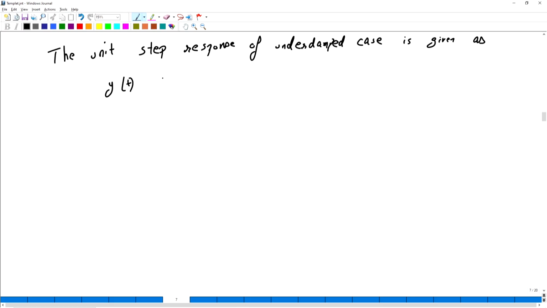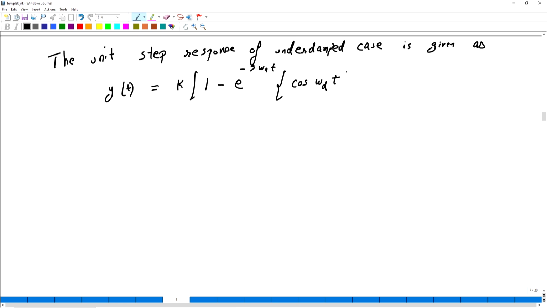Again, this has been extensively covered in the first part of this course. y of t equals k into 1 minus e power minus zeta omega n t into cos of omega d t plus zeta omega n by omega d into sin omega d t. This is applicable where t is greater than or equal to 0.